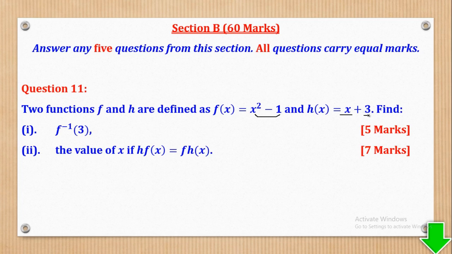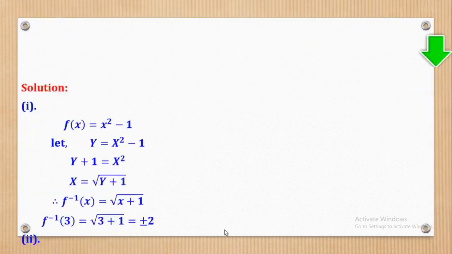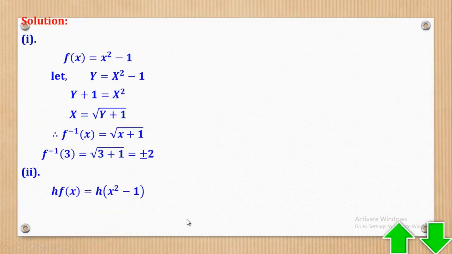So hf(x) means that where there is x, you replace it with f(x). So we'll come up with x squared minus 1 plus 3. When I open brackets, I'll come up with x squared plus 2.